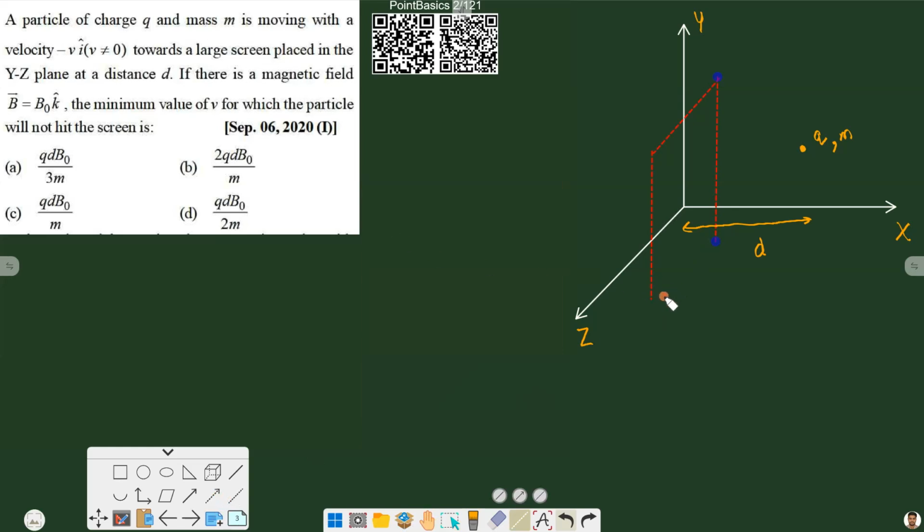So suppose this is our screen in the YZ plane.